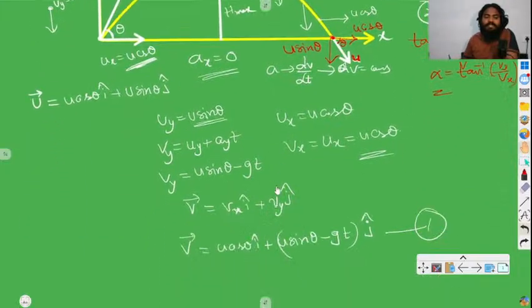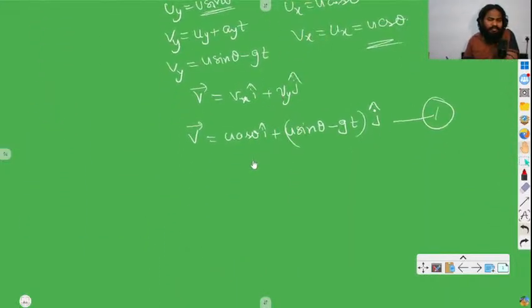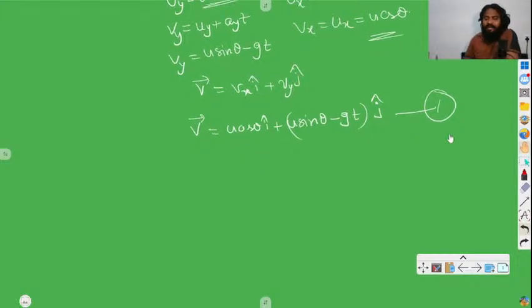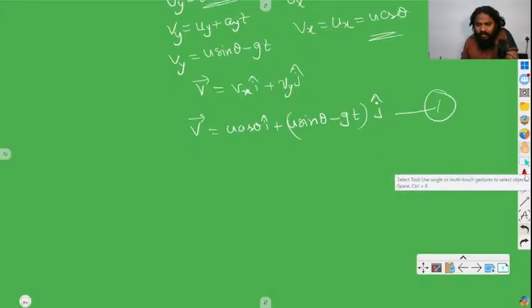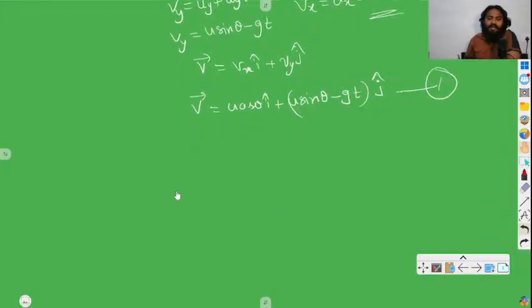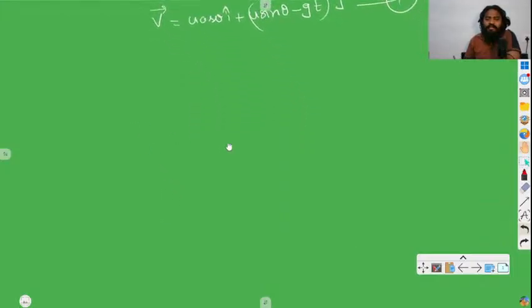Now next, we'll find out first the time of flight, time of ascent, time of descent, and one more thing, maximum height and range. All these we will find out. So now here, again we have projectile motion.